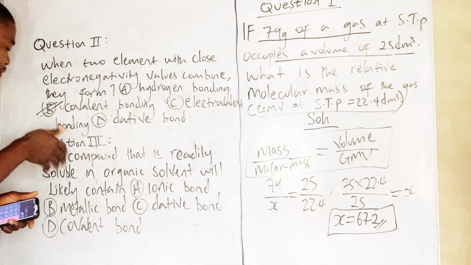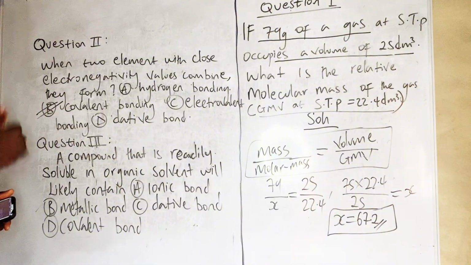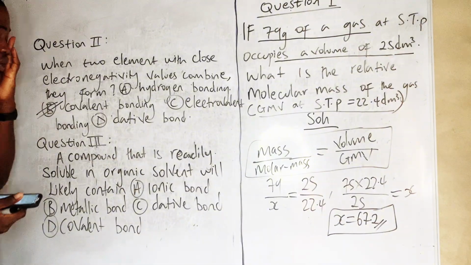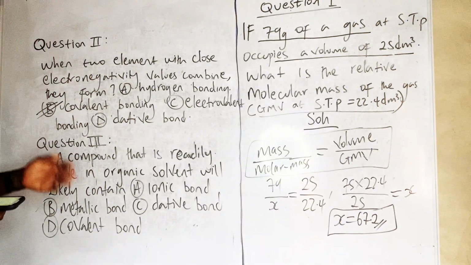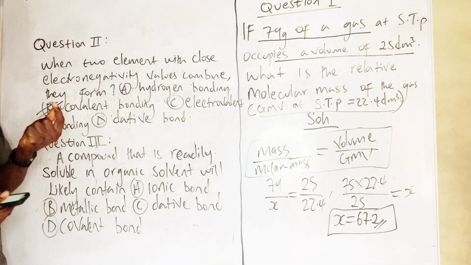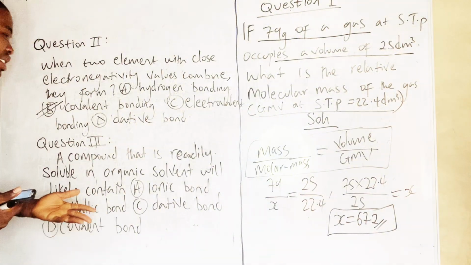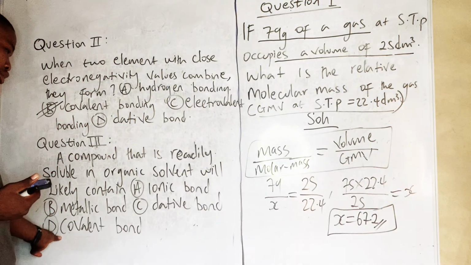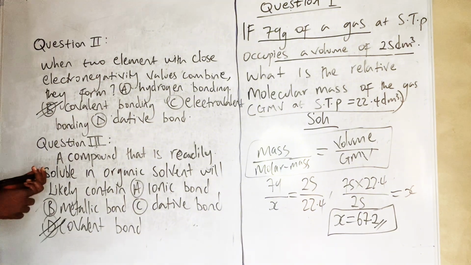One of the characteristics of covalent bonds is that compounds forming covalent bonds are usually non-polar, so most of them are not soluble in water, with just a few exceptions. So for you to be more soluble in organic solvent means you're not very soluble in water, so it means you have covalent bond. Please take note of this. Covalent bond is most present in 90% of the organic compounds.